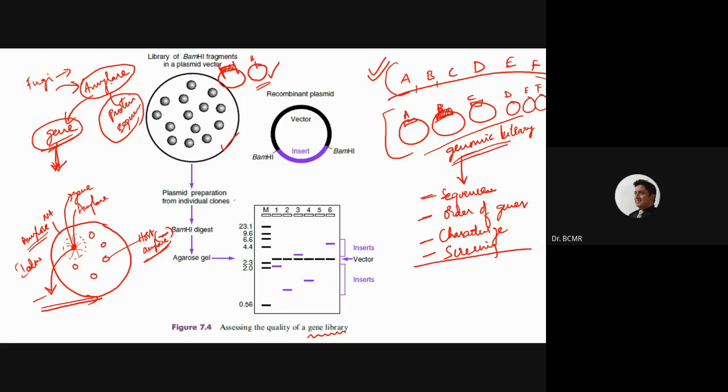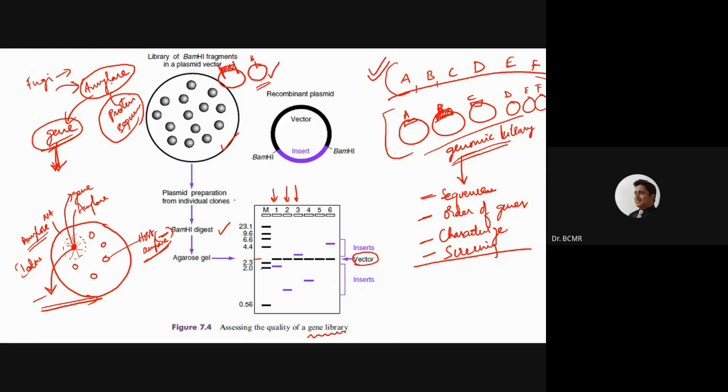So what you do is you take the clones one after another, you digest them with BamHI, and then you load them onto the lanes. Each of the clones will give a fragment for the vector that's usually in the same place.